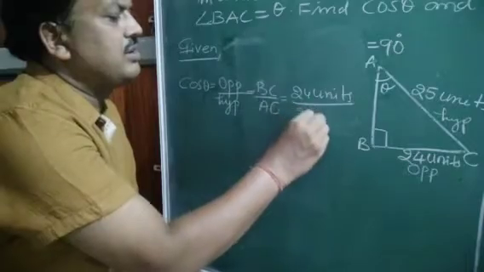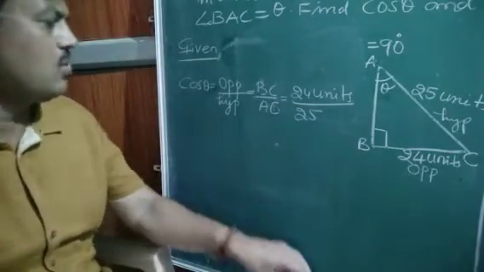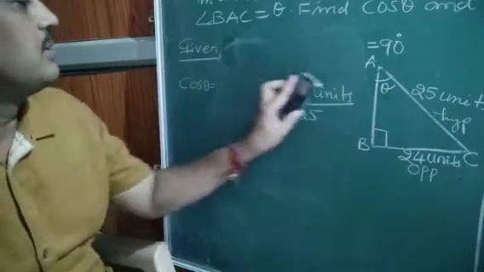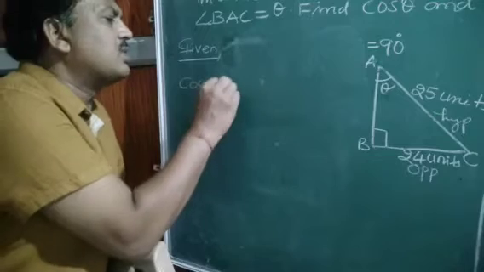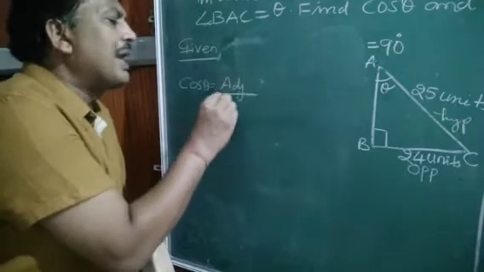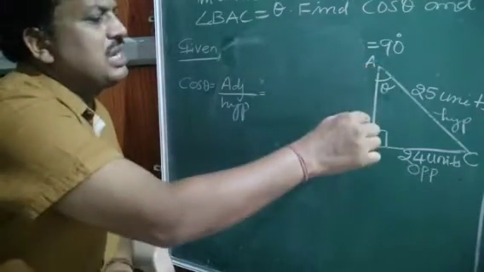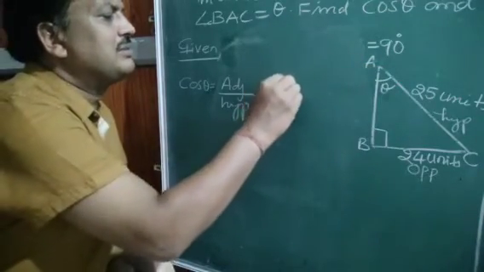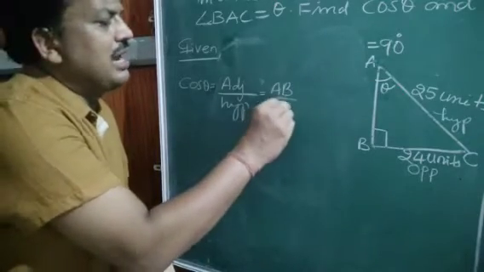Cos theta is, it's wrong children, sorry. Cos theta, A means adjacent. So adjacent upon hypotenuse. Adjacent with respect to theta is the AB side, divided by the hypotenuse, the AC side.